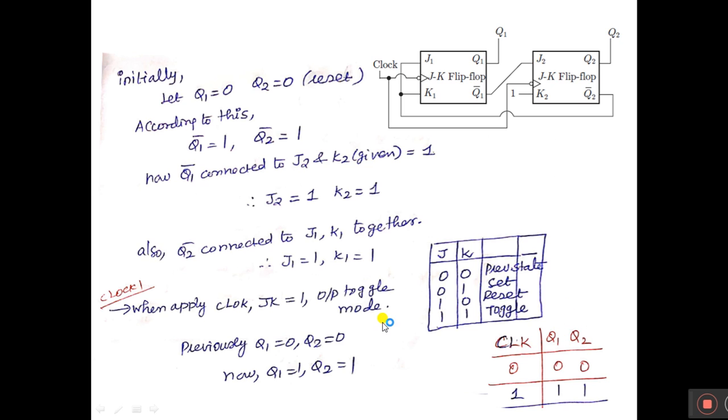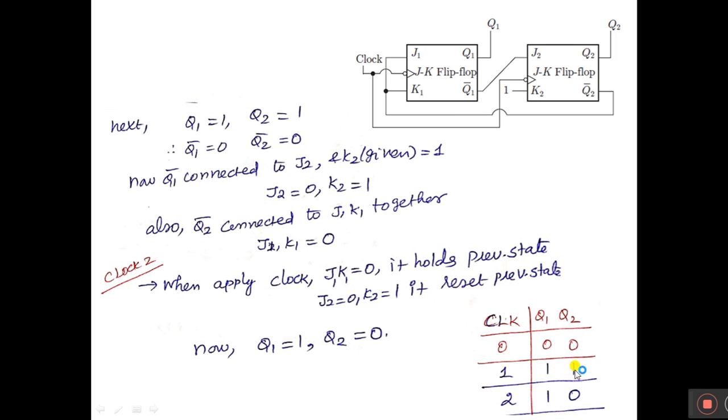Toggles means 0 become 1, 1 become 0. So J equal to K equal to 1 in both locations, output toggled. Initially it is 0 0. If it is toggled, now Q1 Q2 become 1 1. So after first clock pulse, I am getting 1 1 as the answer. First sequence after 0 0 is 1 1.